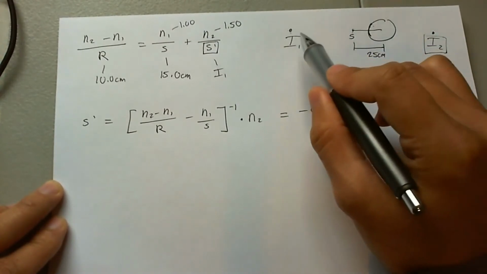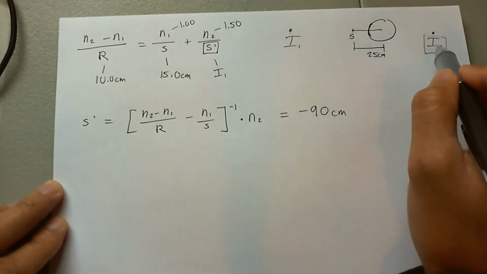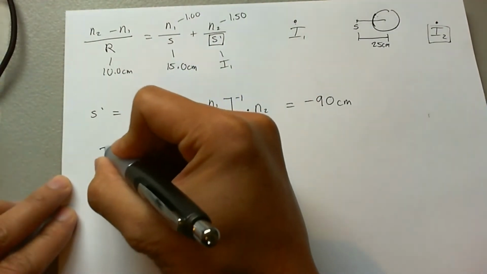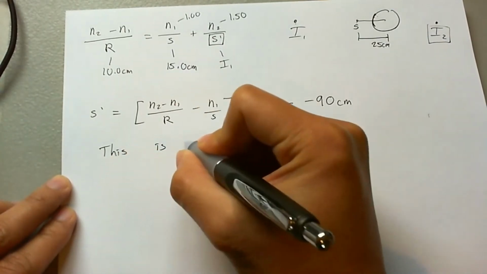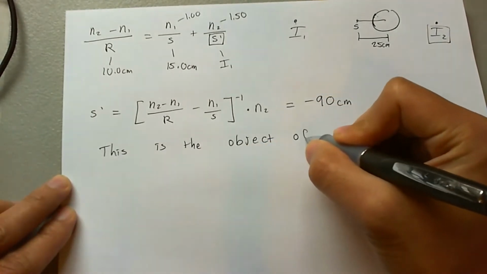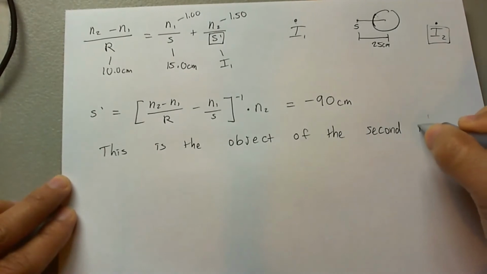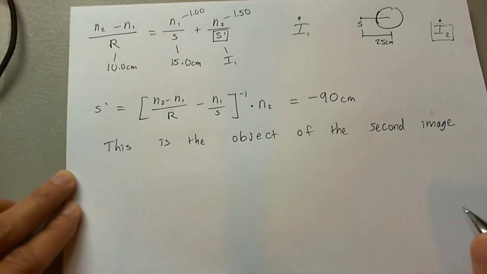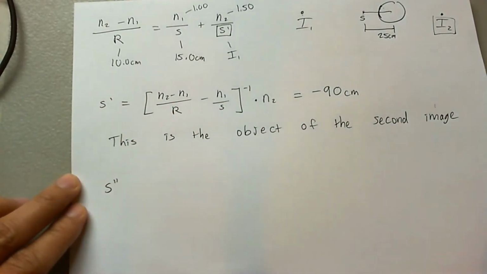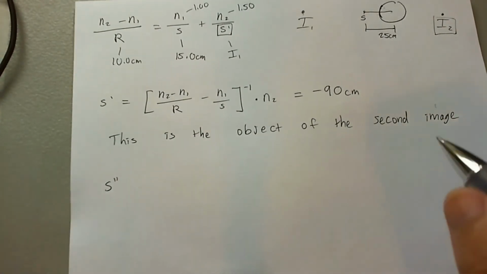Now that's going to now be used as a source of light for the final and second image. So here's what we're going to do. We're going to go ahead and find, finally, our last S, and we're going to call it S double prime, just so we can get a little bit of delineation of values here.